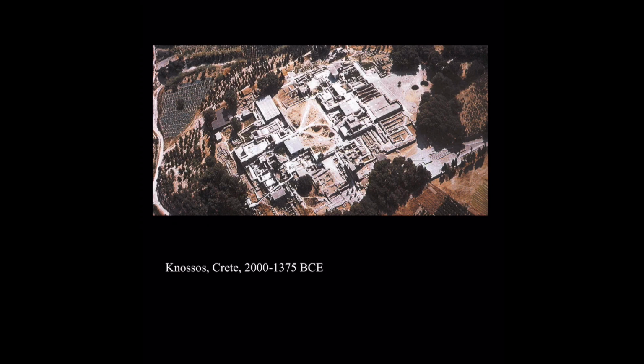Now, this is the remains of Knossos right now. Here is an aerial view, and you can see that it's a pretty big structure. There were other palaces that this was built on top of, and so we wonder, okay, well, why did they keep building the same temple on top of old temples over and over and over again?